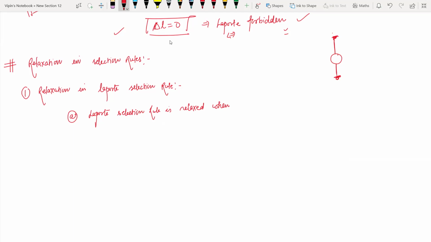In the first example, we are going to discuss this. The Laporte selection rule relaxes when there is deviation from the center of symmetry.